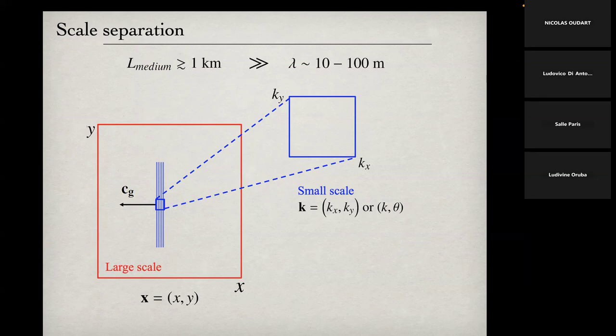So we have waves which are characterized by an energy spectrum, and these waves evolve in a slowly varying large-scale medium, which is represented here in red color.